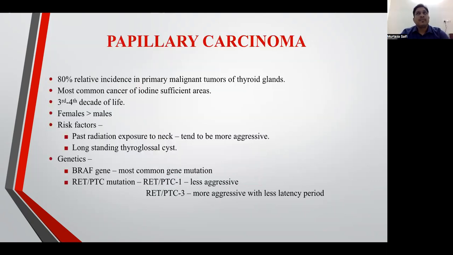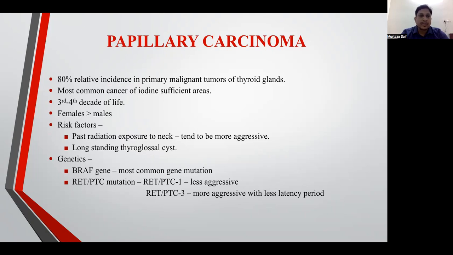In carcinoma, first is papillary carcinoma, with 80% relative incidence in primary malignant tumors of the thyroid gland. You will find 80% incidence in total thyroid tumors. It is the most common cancer of iodine sufficient areas, in the third and fourth decade of life. Females are affected more than males.